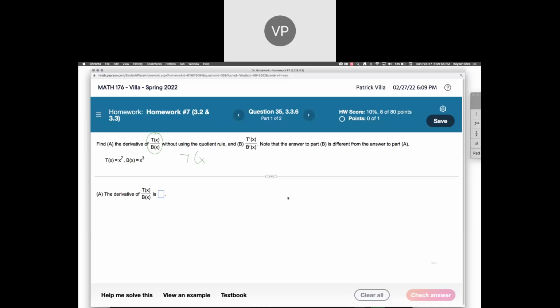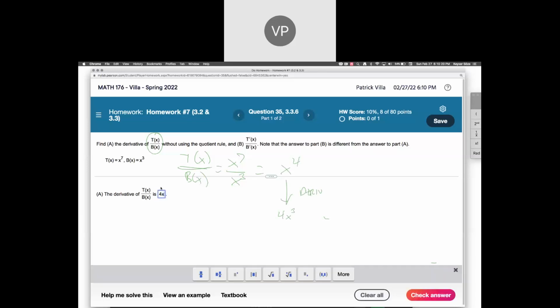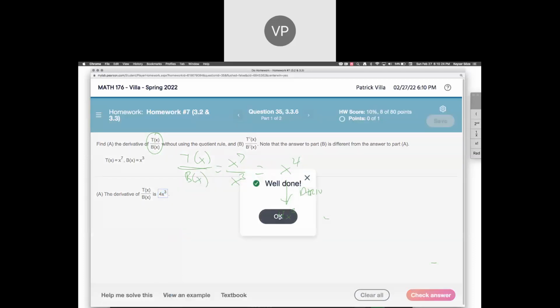So t of x over b of x, based on what they gave us here, that's x to the 7th over x to the 3rd. Now we know that simplifies into x to the 4th from the old rule of powers. Now we find the derivative of that, and that's simply 4x cubed. Okay, so that's the derivative of that function. We didn't use the quotient rule. They wanted you just to do it the regular way.